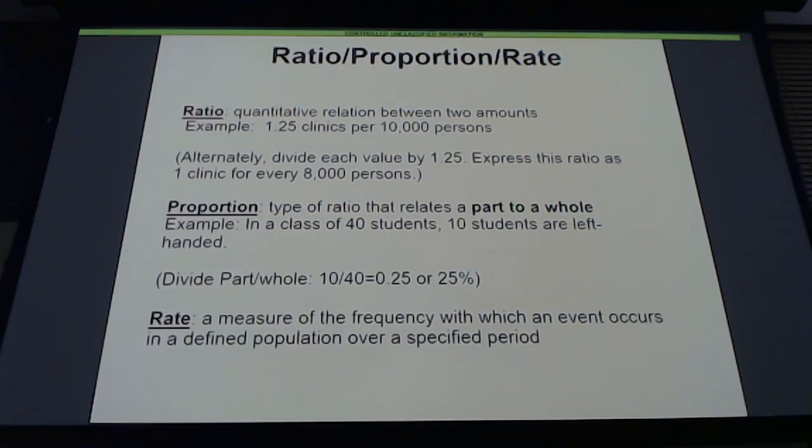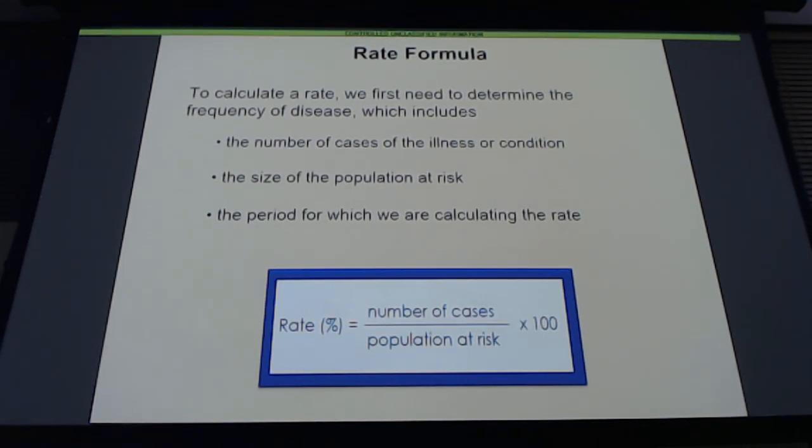Really, all the rate's showing you is how fast something is happening in a population during a specific time period. So here are the things that you need for the formula. You need the number of cases of the illness or condition, you need the size of the population at risk, and the period for which we're calculating the risk.